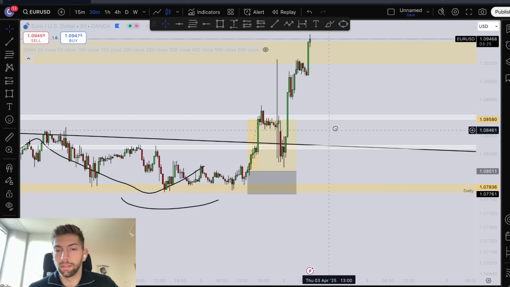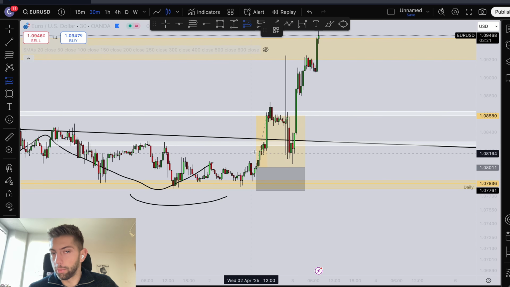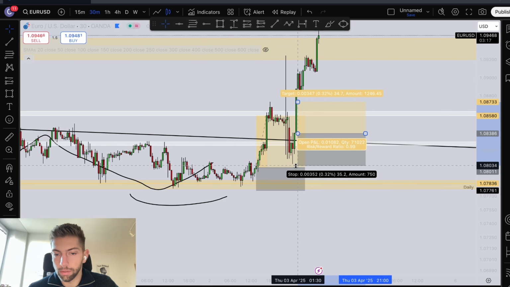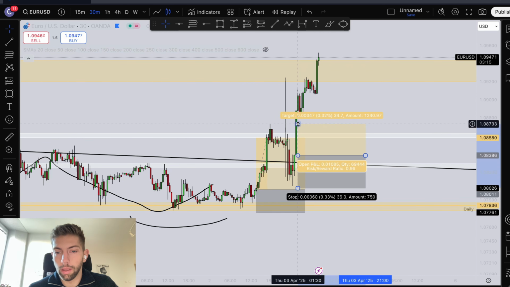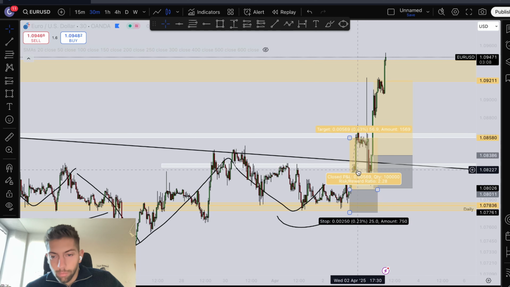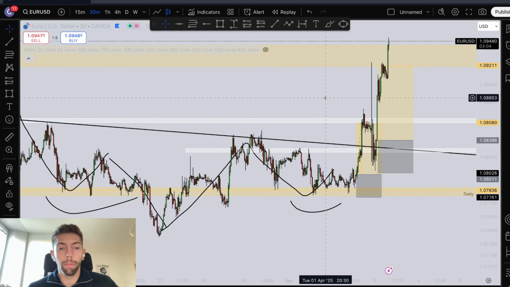It was at 1 a.m. But if I were trading this price action, my entry would be right here with stop loss under this low, and my target would be right here for 2.3 again, which would be another $1,700. But hey, it is what it is.